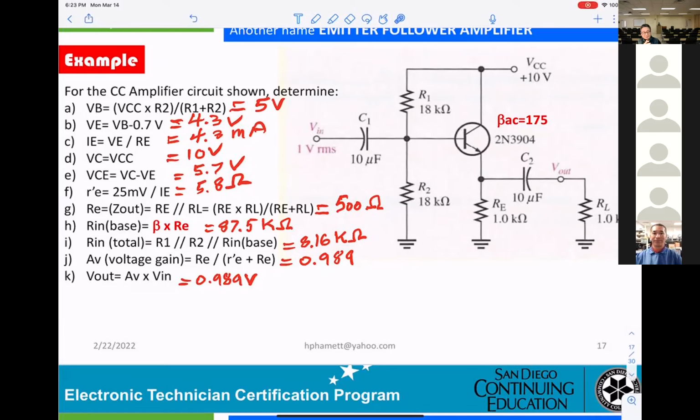What happened for the amplifier with the low input impedance and the high input impedance?